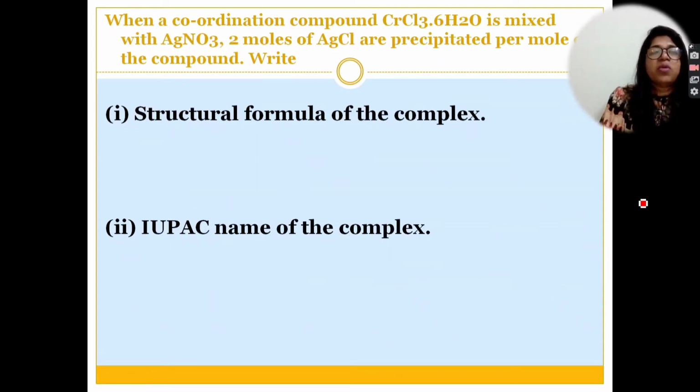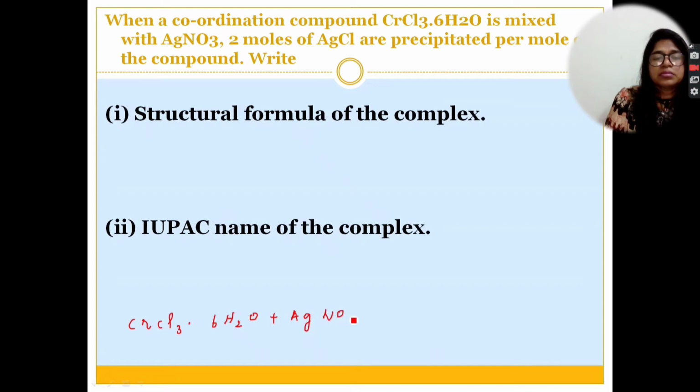Now, next question. When a coordination compound CrCl3.6H2O, so let me mention it, is mixed with AgNO3, two moles of AgCl is precipitated. What is the meaning of 2 moles of AgCl?